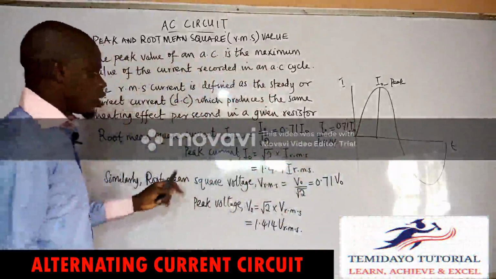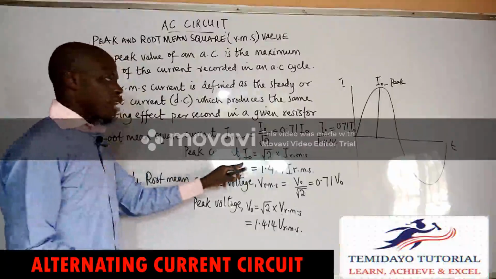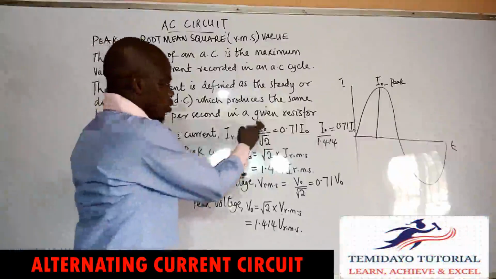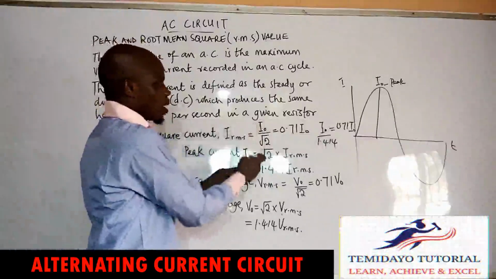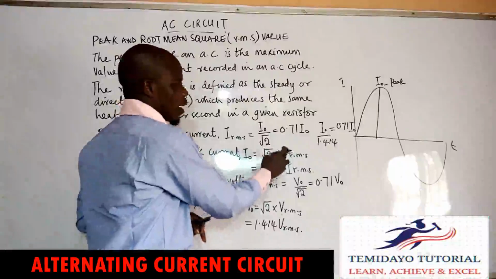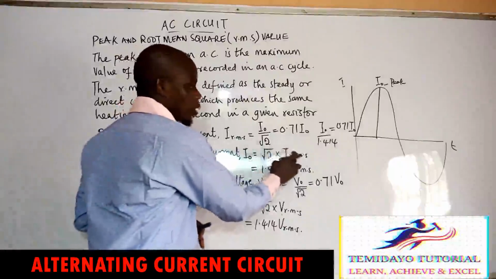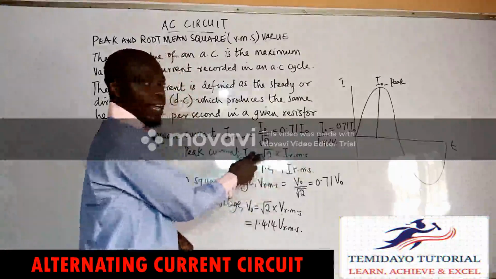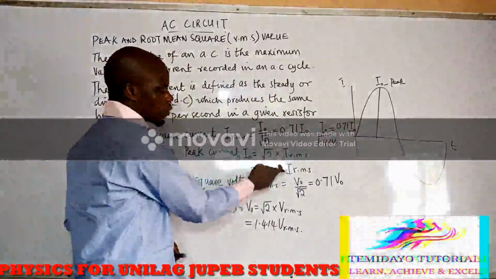Now the peak current, that is the I naught, you just cross multiply here. When you cross multiply, you have the peak current equal to square root of 2 multiplied by the IRMS, the root mean square current. Like I said earlier, root 2 is equal to 1.414.